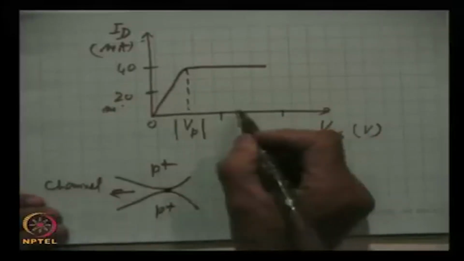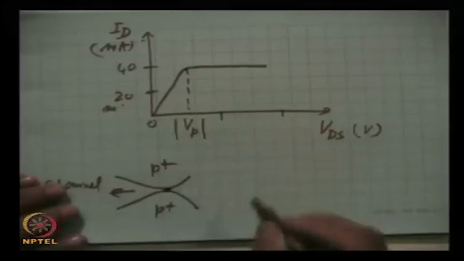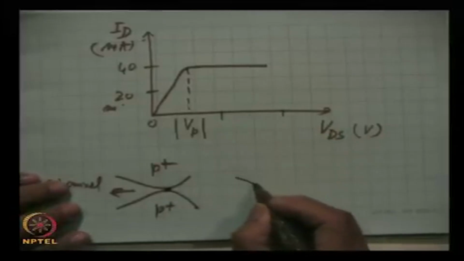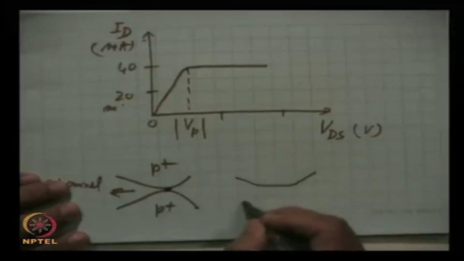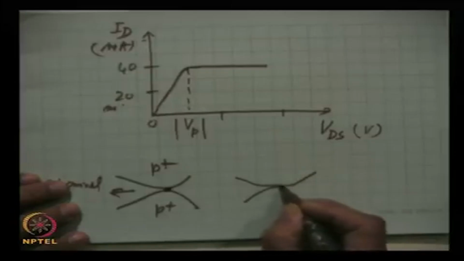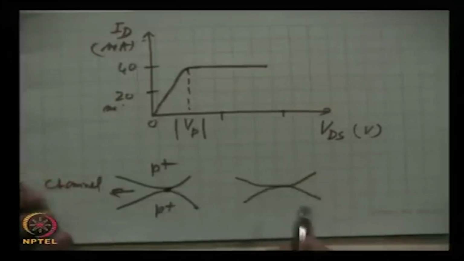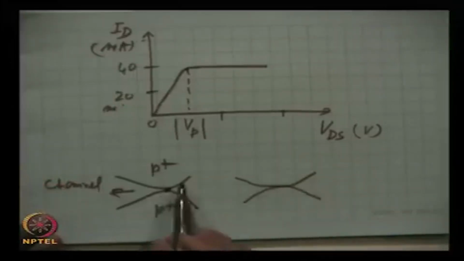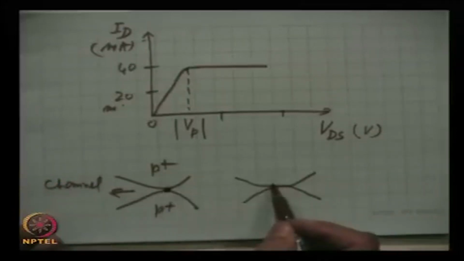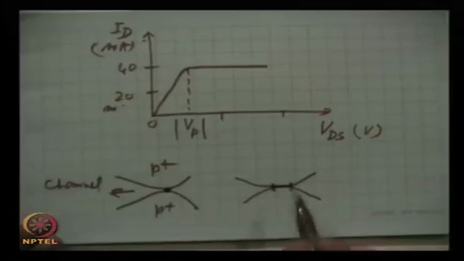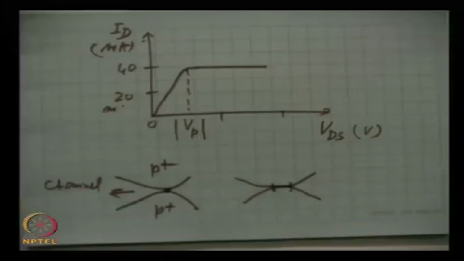That means, at this voltage the channel is like this. Here it was touching at one point, and here it is touching all through this region, and hence it stops the rise of current.